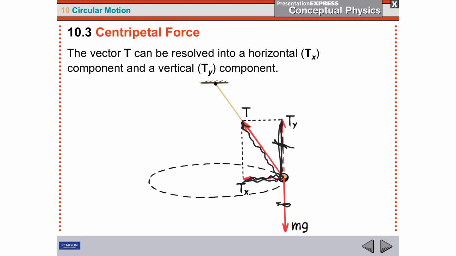So really the only net force on the object, why it's going in a circle, is this T sub x, which is your centripetal force, because T sub y is the same, opposite and equal to the weight, and the rest is acting towards the center. That, of course, is going to be equal to what we just learned, mv squared over r. So as I know what r is, I can actually know what the force pulling it towards the inside is.